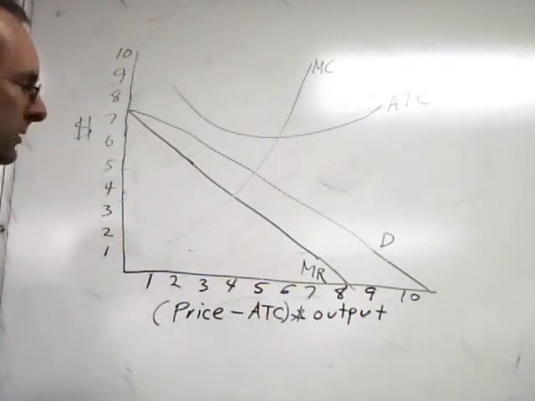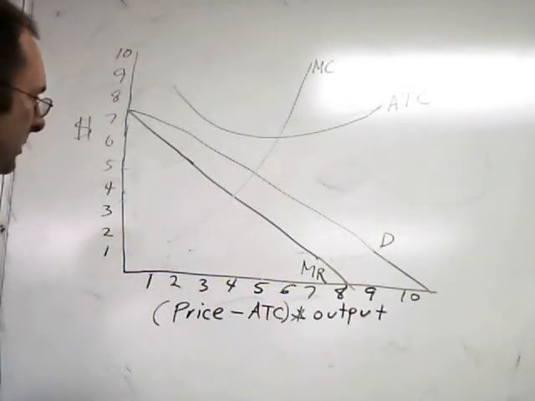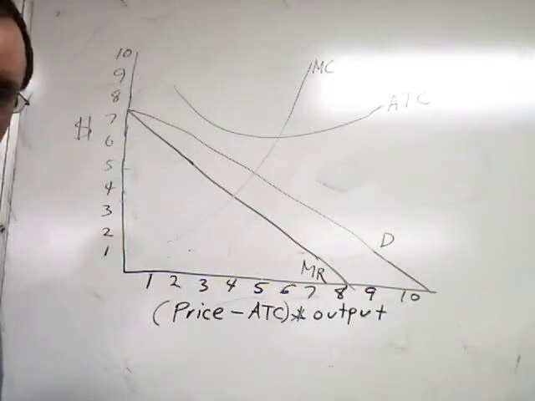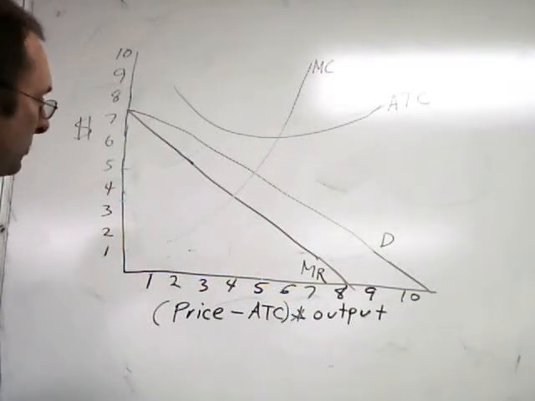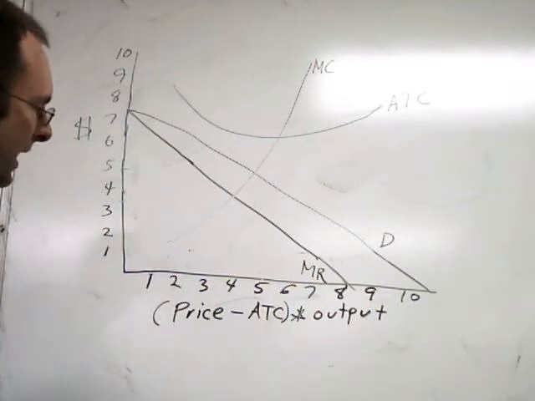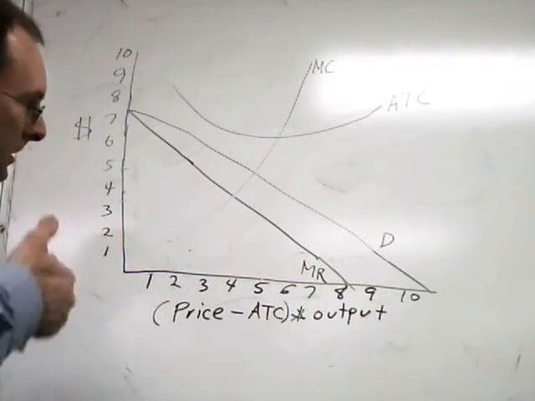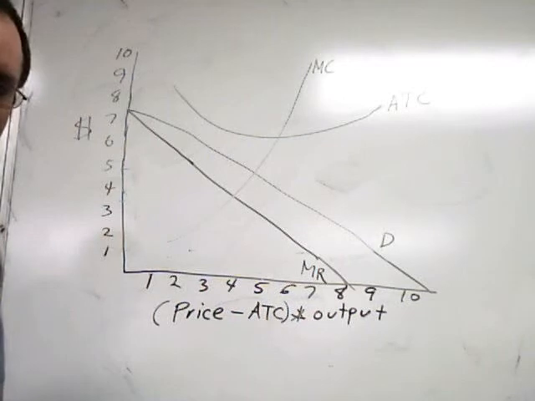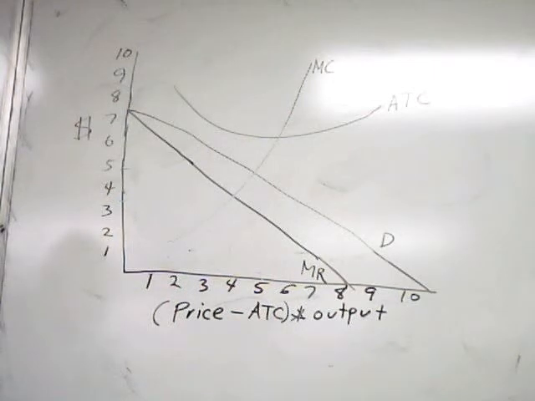And we know that that's the graph of an imperfect competitor because now our demand and marginal revenue curves are separate lines, and they both slope down and to the right. They slope down and to the right because these firms have to decrease their price in order to increase their output.